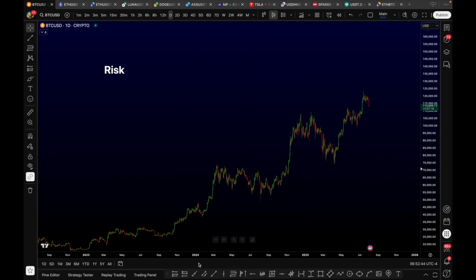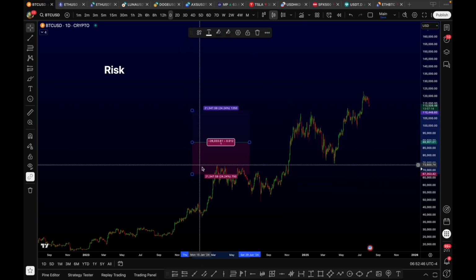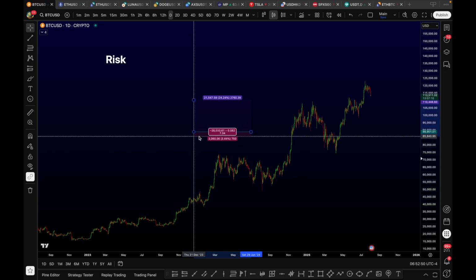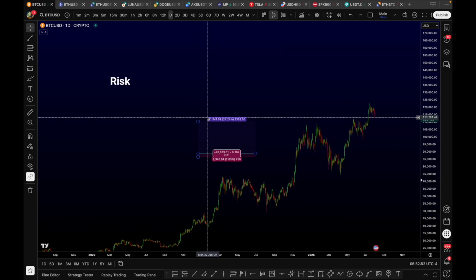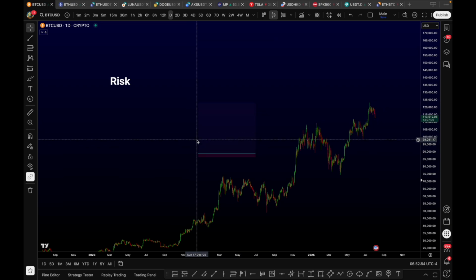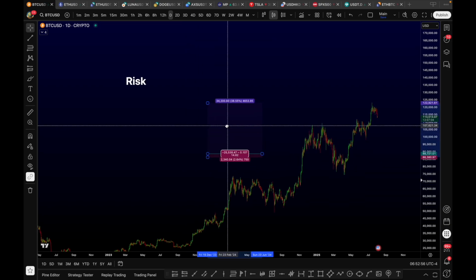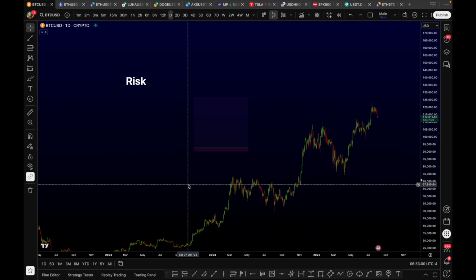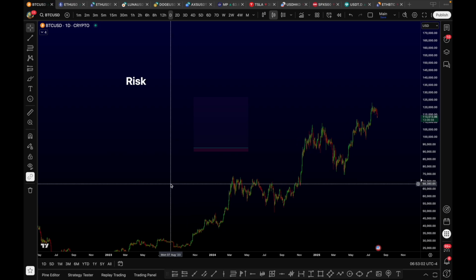How do we do that? Usually the normal approach is to risk 1 or 2% of your account. If you're starting small, or if you're starting new, I would recommend to start even smaller, because risking 1 or 2% of your full portfolio, let's imagine you have a 50K net worth, in your early stages of trading, the amount of money you risk is probably a little bit too much.